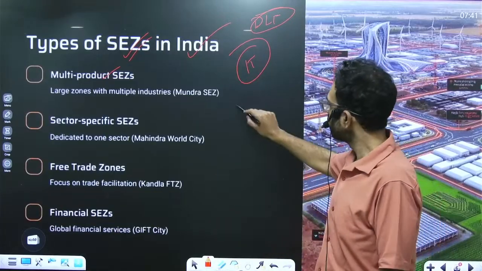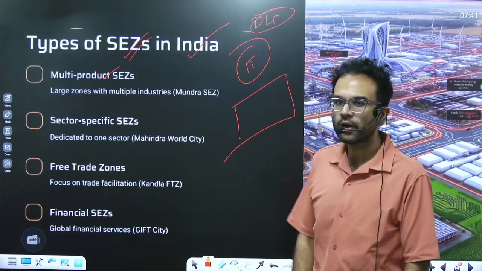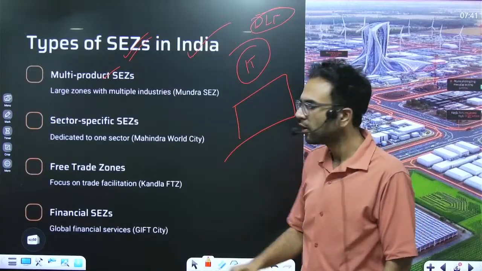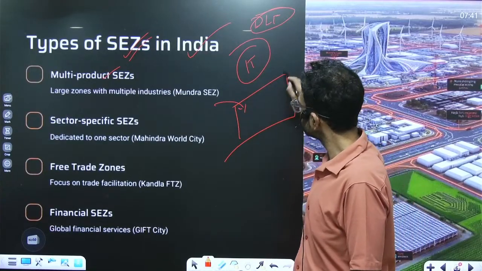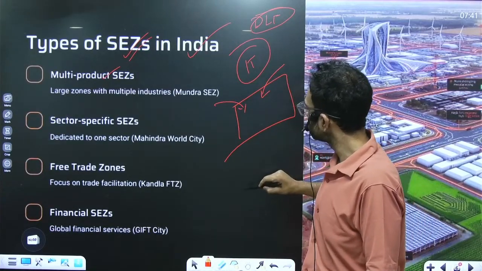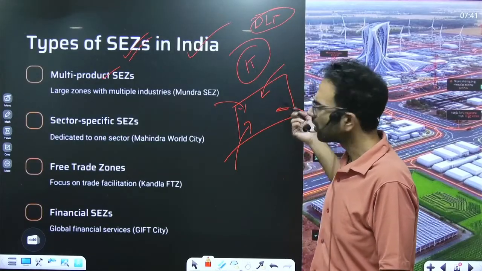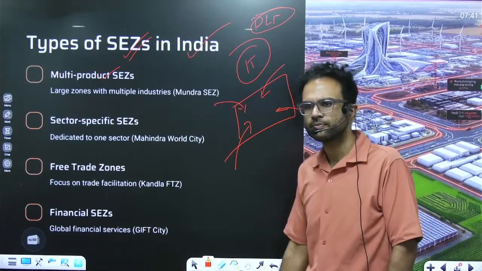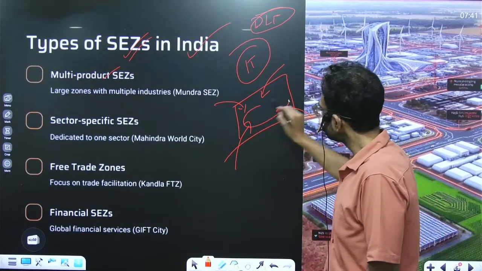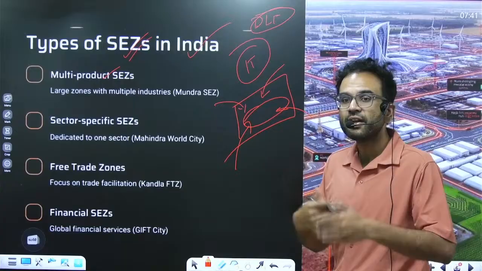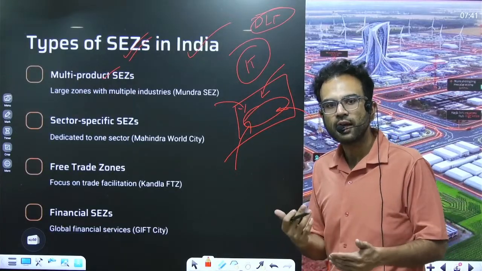First one, multi-product special economic zones, meaning, let's say you have a real estate place. Okay, in that cluster, you will have IT companies, manufacturing companies, you will have finance companies, you will have some other companies. Okay, so all of this together can leverage their mutual advantages.